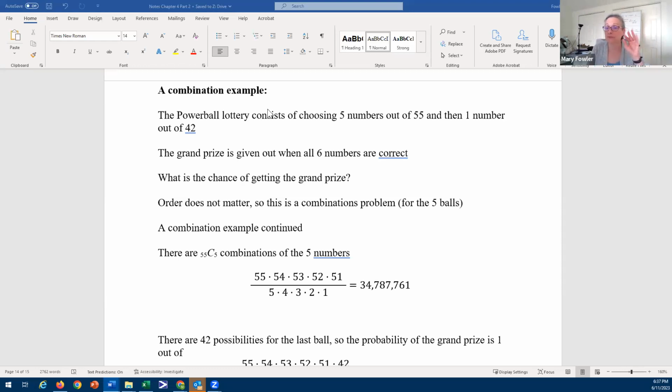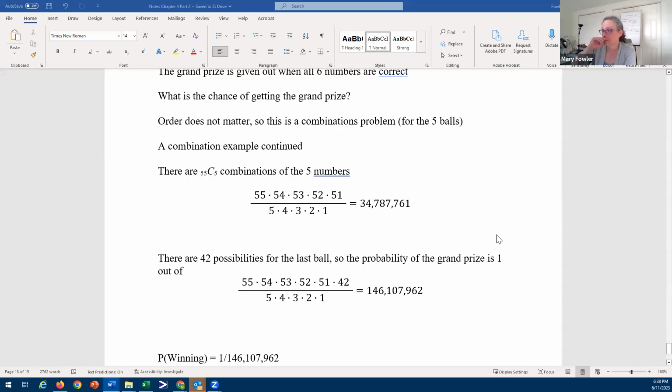So here, for the 5 numbers out of 55, order does not matter. You choose 5 numbers, it's a combination, and the order in which you chose them doesn't matter. So the number of ways of choosing 5 numbers out of 55 is 55C5. You can use that in the calculator, and I got this here as 34,787,761.